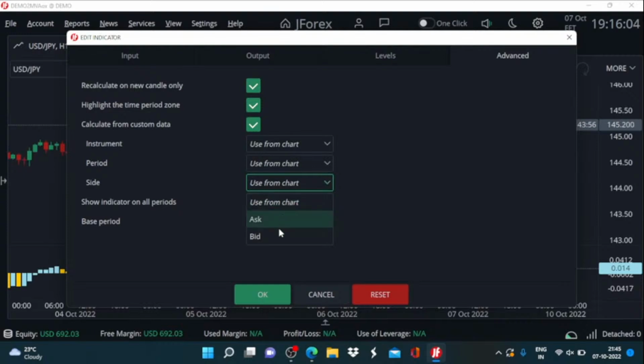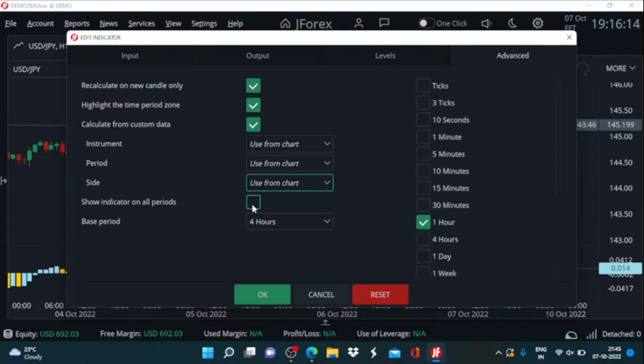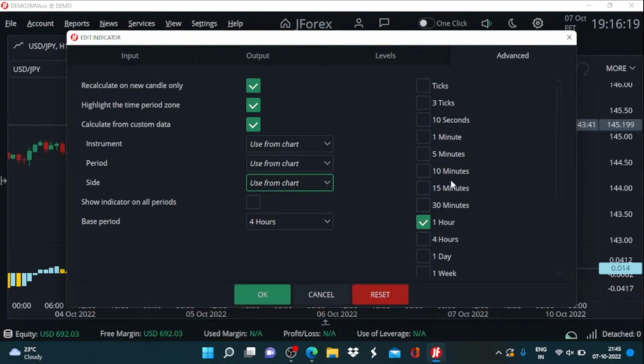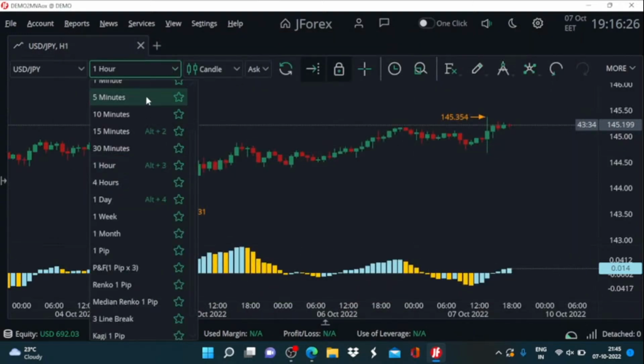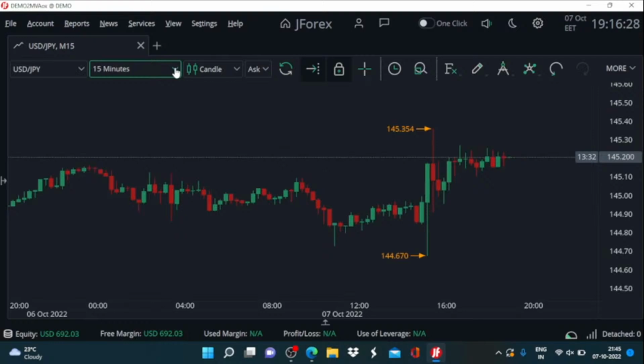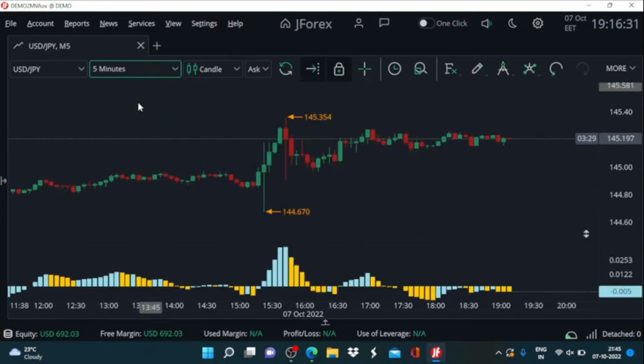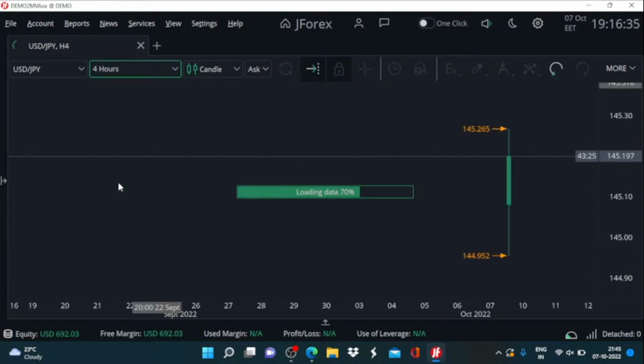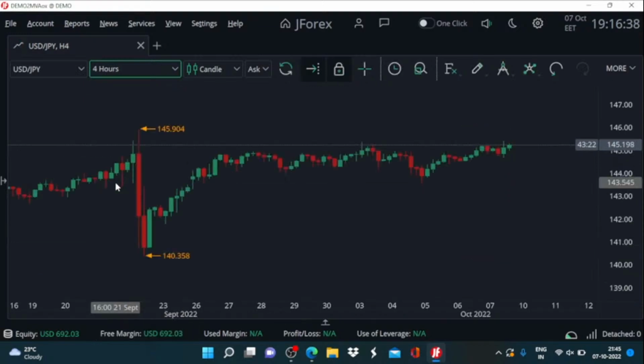Side can be any of these two, ask or bid, or it can be simply as per the chart. If you want the indicator to be available on all the candle periods, you have to opt in for this. Or if you want the indicator to be available on only some chosen time frames, then you have to specify on what time frames you want the indicator to be visible on the chart, and only on those time frames the indicator will be visible, as we have defined only 5 minutes and hourly as the candle period on which we want the OSMA output to be there.